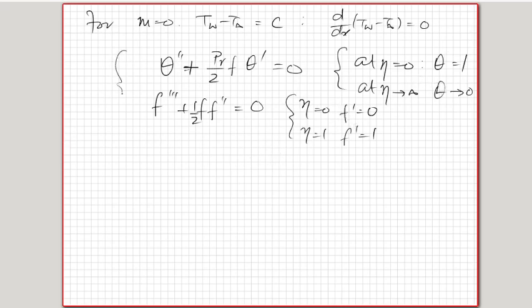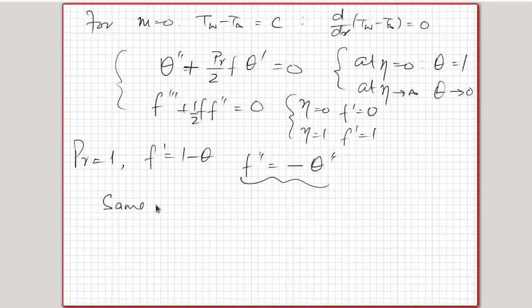So for Prandtl number equal to 1 and f prime equal to 1 minus theta, or f double prime equal to minus theta double prime, you get the same solution for fluid mechanics and heat transfer. So this is what you call Reynolds analogy.